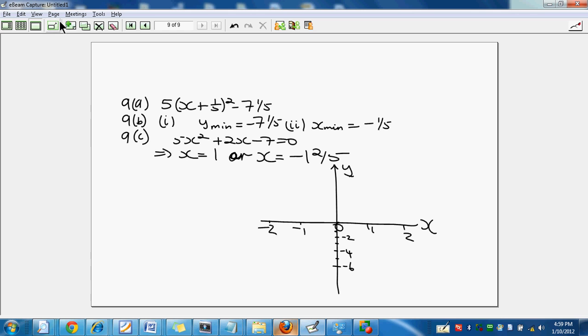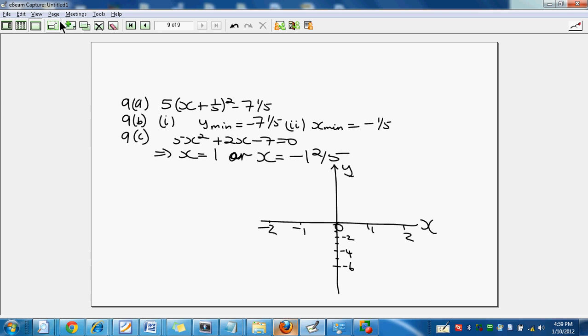We found the value of x at which the function is minimum. That was x equal to minus 1/5. And then they asked us to solve this equation, and we solved it, and we got the values of x when that occurred.